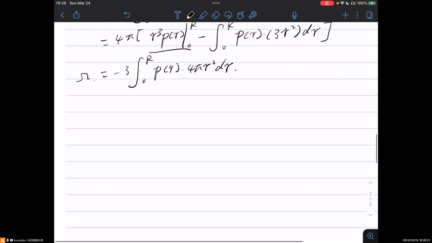And on the other hand, we can use the gravitational potential to calculate this gravitational potential energy.